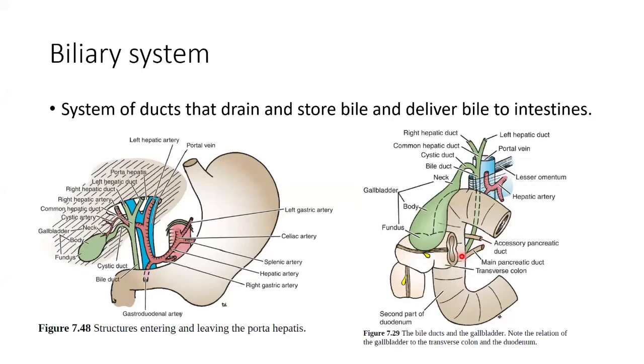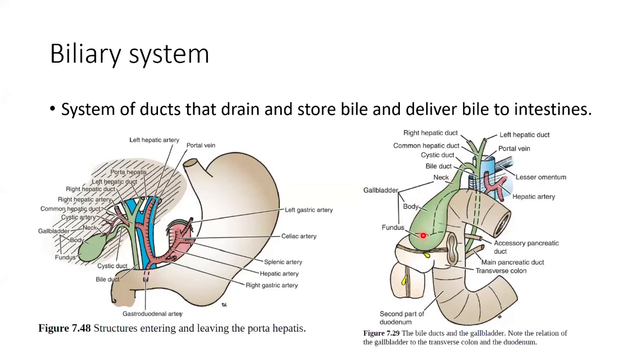So you have a sphincter here, the sphincter of Oddi. The sphincter of Oddi is normally closed. Then the bile gets accumulated in the gallbladder here. And when it gets accumulated here, the excess water gets absorbed by the gallbladder, and it will concentrate the bile.